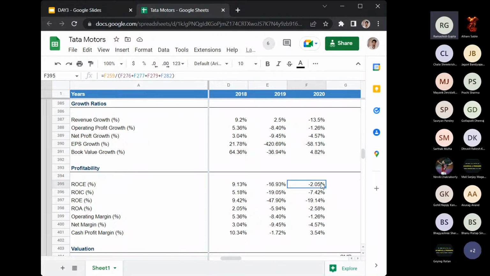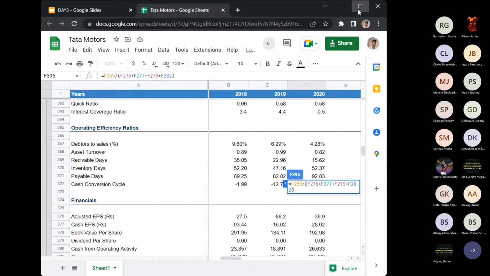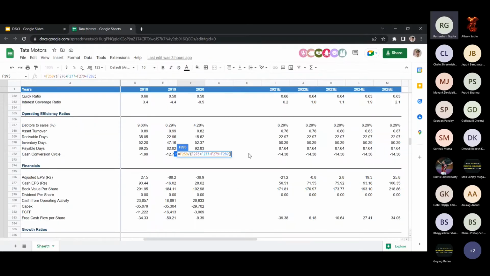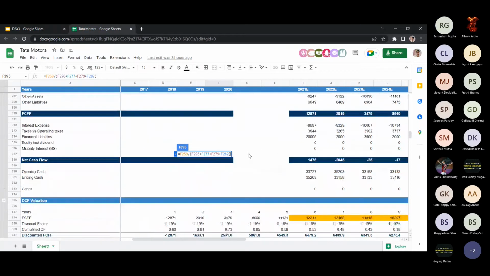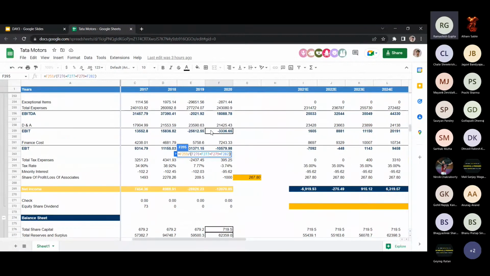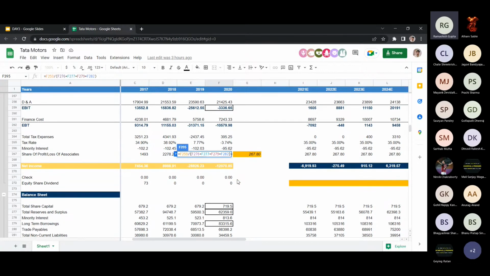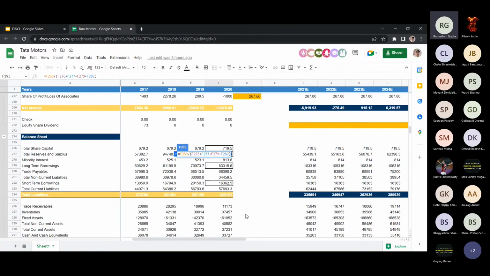So the first is ROE. So this is earning before interest and tax, and we will divide it by the total share capital, total reserve and surplus, long-term borrowings, and short-term borrowings for return on capital employed.